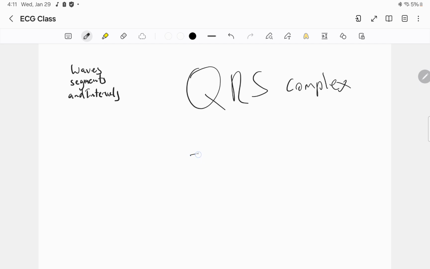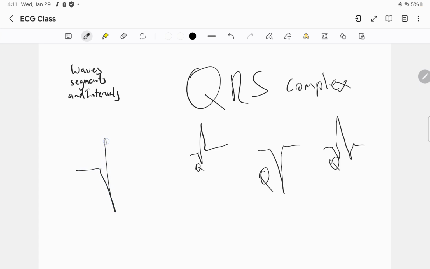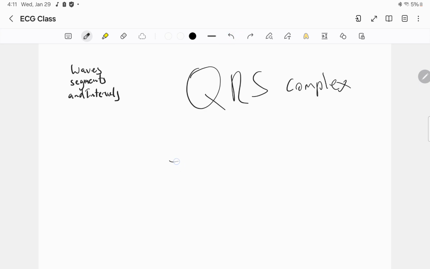So for example, that's a Q wave, that's a Q wave, that's a Q wave, all right? And there's other variants. That's a Q wave, right? Great. Anything that's positive is an R wave.